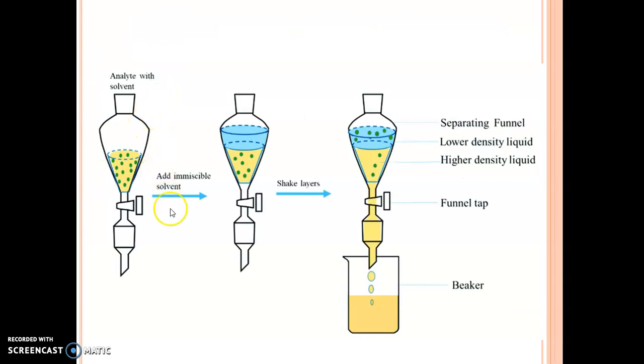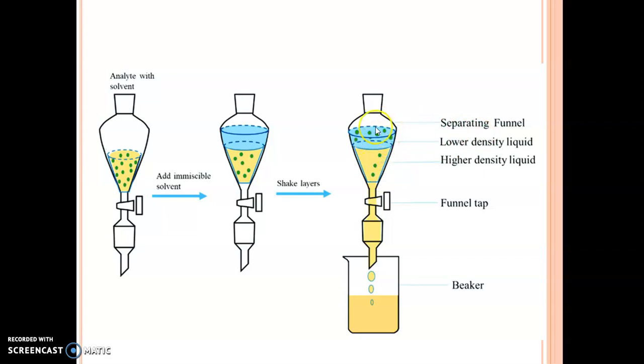Here a separating funnel is used. In the diagram, you can see the analyte with solvent is first placed into the separating funnel, then the immiscible solvent is added. Then shake the two layers. After that, separation occurs in the separating funnel.